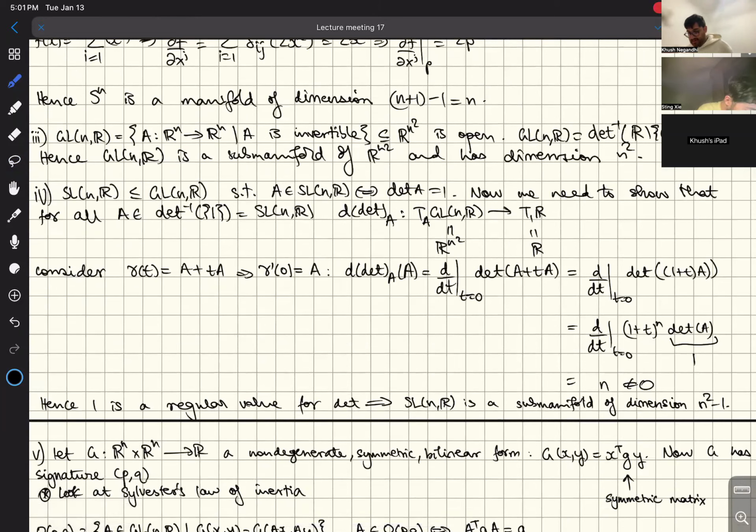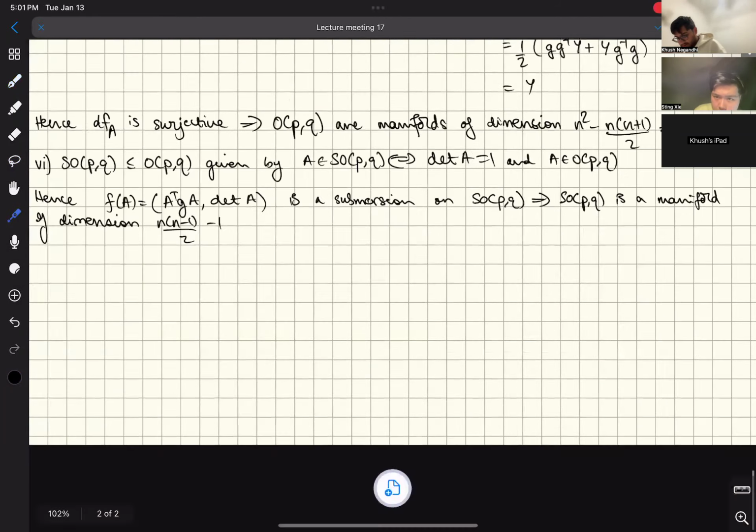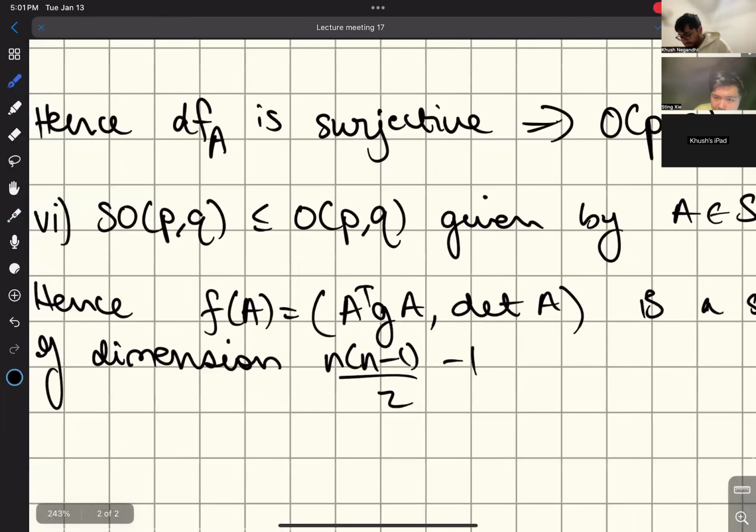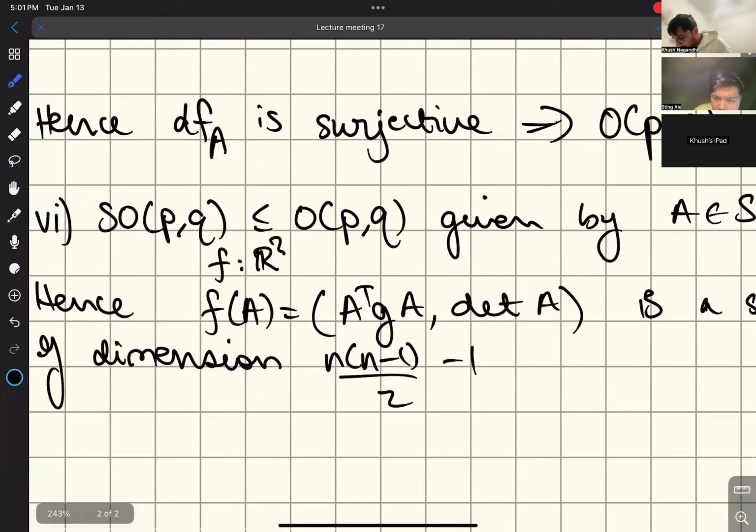We just directly showed that this thing was a submersion. So the idea is the same: f comes from R^(n squared) and goes into symmetric n by n matrices times the real numbers.